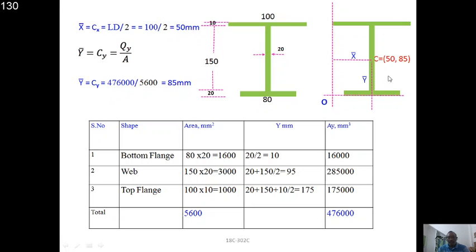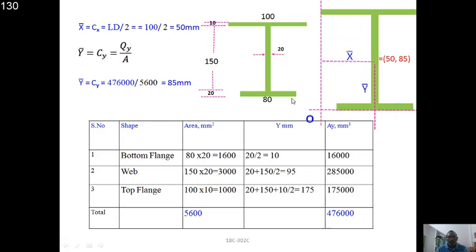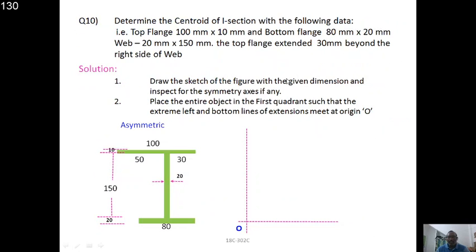Hence, your centroid will be 50, 85. So that is the centroid shown. The I section is asymmetric about one axis, that we are seeing here, right? Now we will try the section asymmetric about both the axes. How the problem will look like.